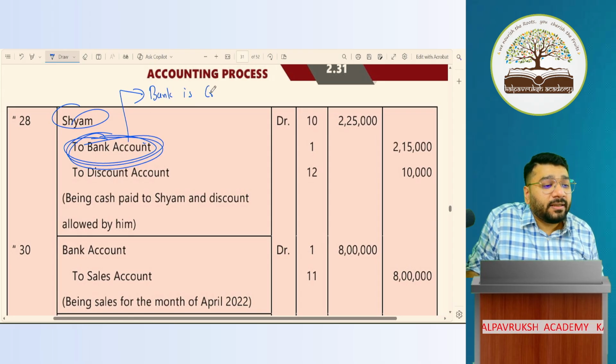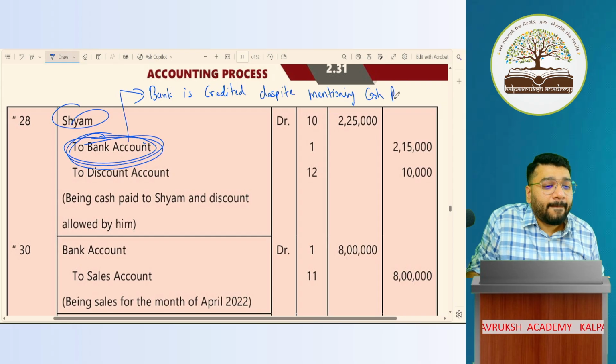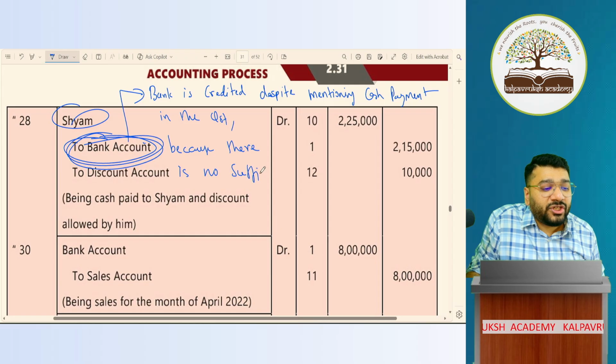Bank is credited despite mentioning cash payment in the question, because there is no sufficient cash balance in hand.